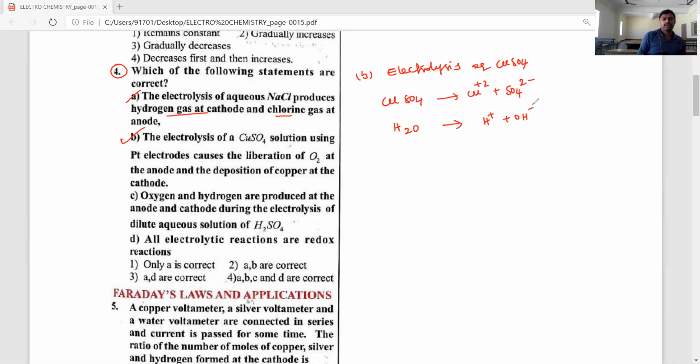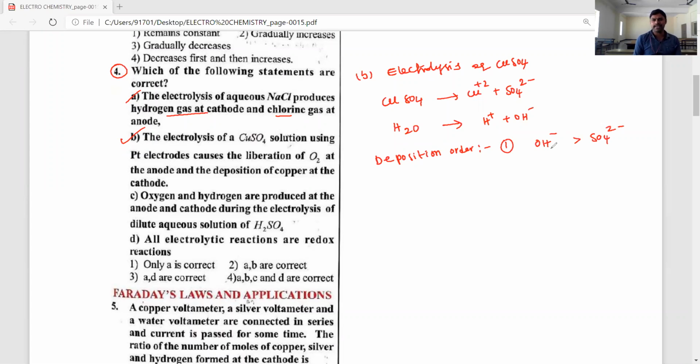It's very clear. Now the deposition order: for anions, OH- ion deposition is more when compared to SO4 2-.